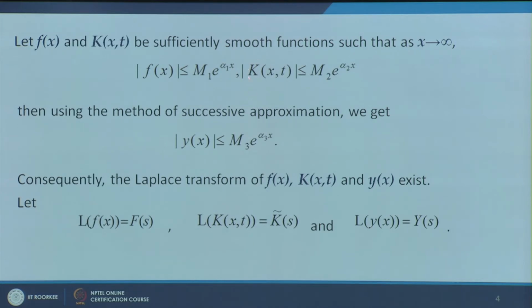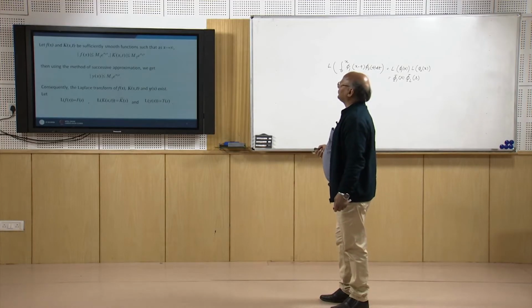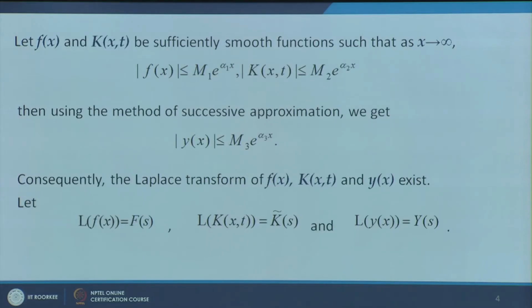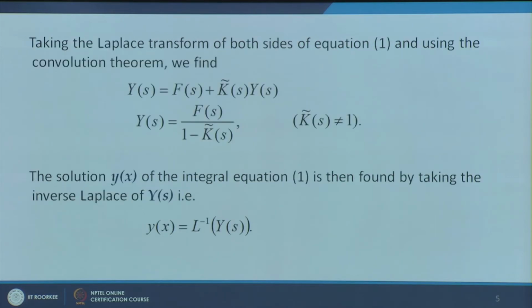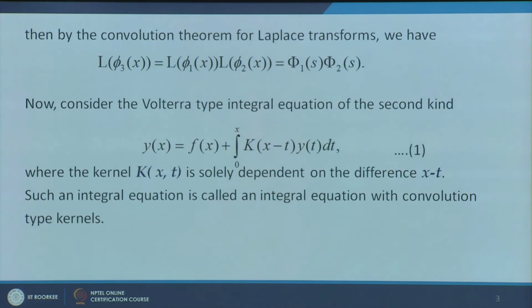Here remember that k(x,t) is a kernel of the type x minus t, that means it is a function of x minus t. So, let us take the Laplace transform of both sides of equation 1.